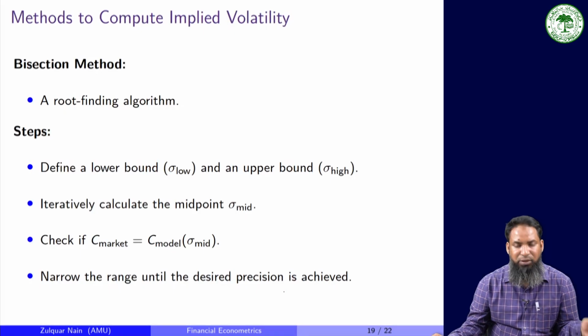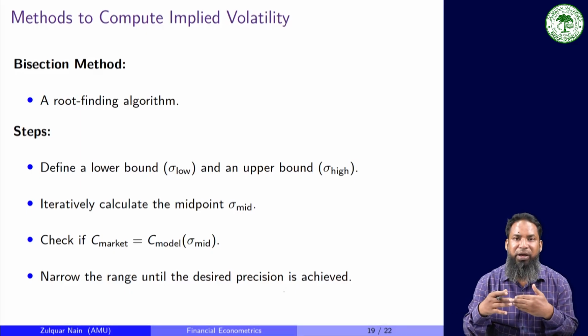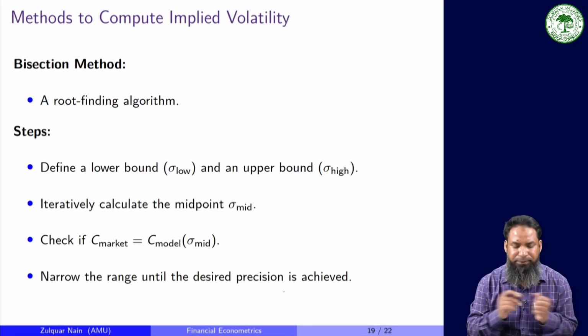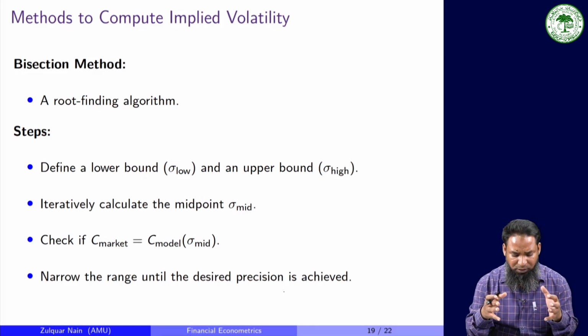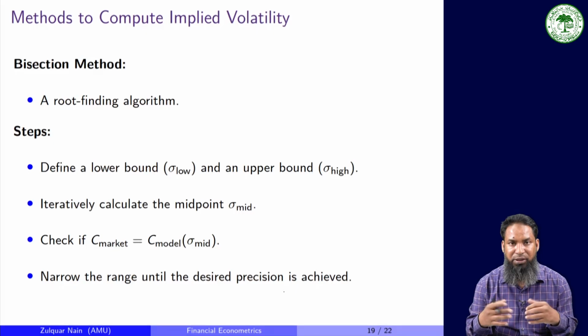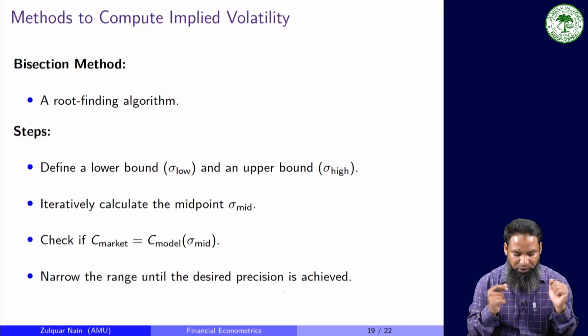So how do we do that? There are different methods. One method is what we call the bisection method. It is basically a root finding algorithm. What we do here is define a lower bound and an upper bound; we make an assumption about the lower and upper bounds of the implied volatility.